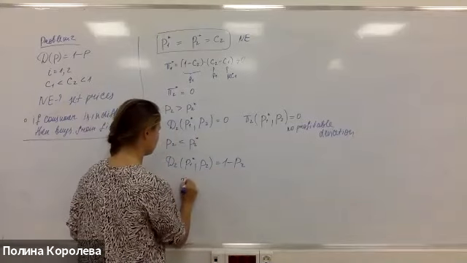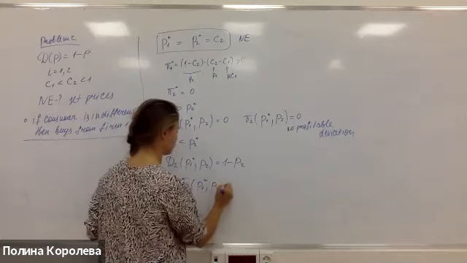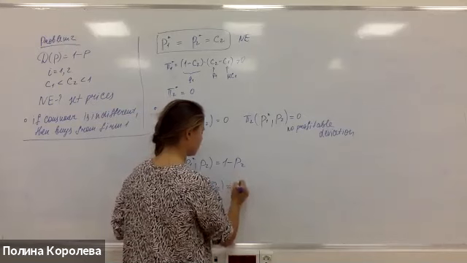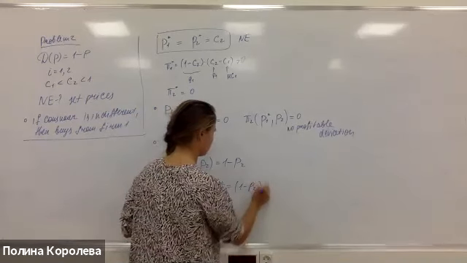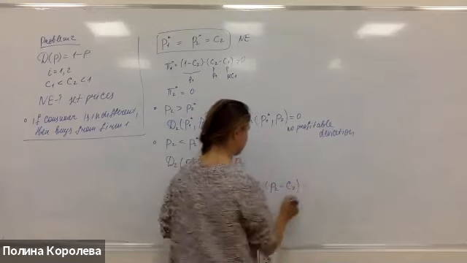And profit in such a situation, when the first firm does not deviate and the second firm deviates downwards, is equal to total sales, 1 minus P2, multiplied by price minus costs, P2 minus C2.